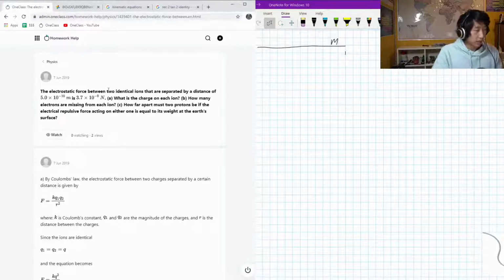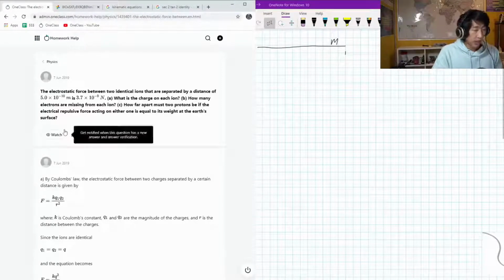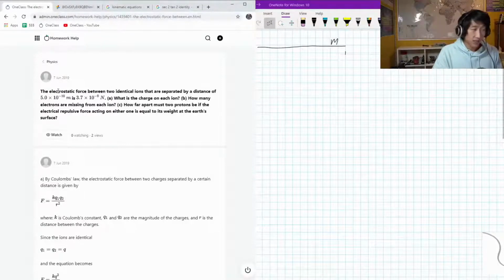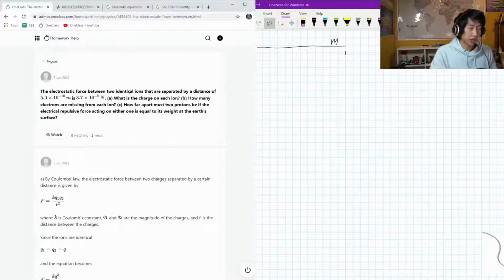Okay, so the next question that we have on the menu today is presenting the situation where we have two identical ions. So those are just charged items. The electrostatic force between two identical ions that are separated by 5 times 10 to the negative 10 meters is 3.7 times 10 to the negative 9 newtons.